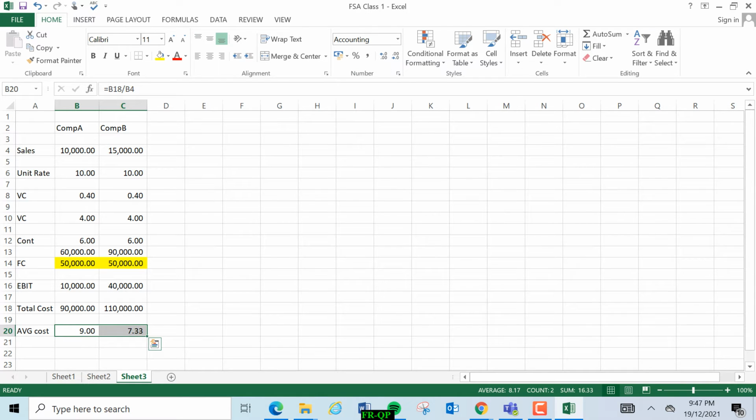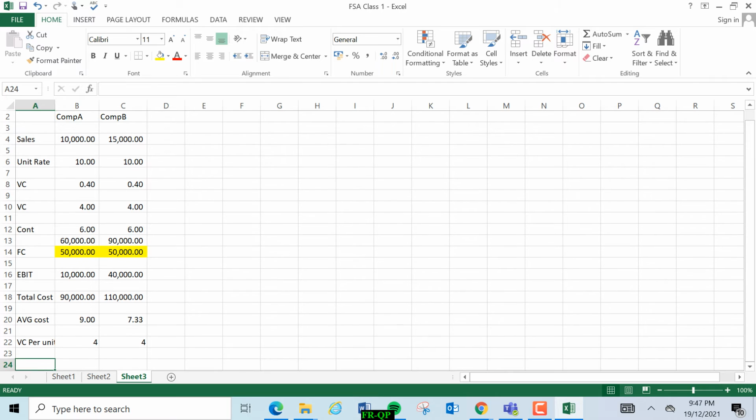Now tell me, who is beneficial? Who is more intelligent? See, variable cost per unit is how much for him? 4 and 4.